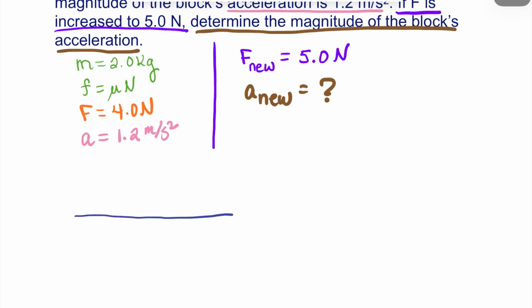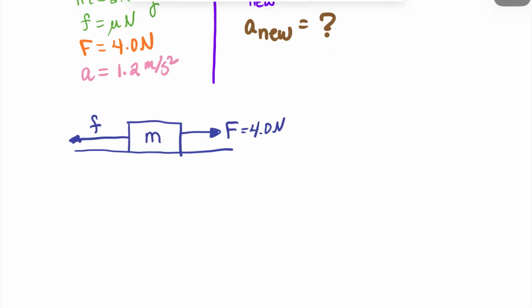All right, so I've identified and gathered all of my known values that I'm given in the problem. The next thing I'm going to do is sketch it. And now I am going to write Newton's second law in the x direction. So I'm going to sum up the forces in the x direction.